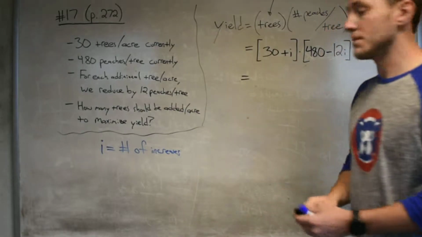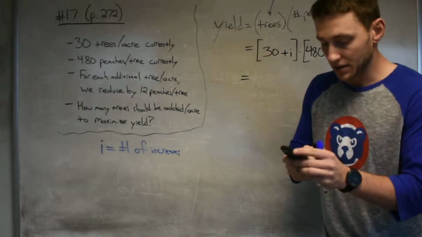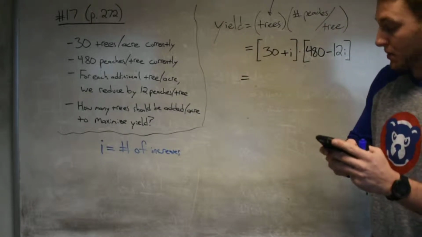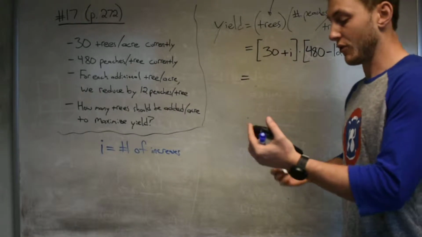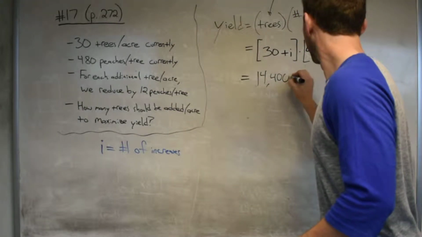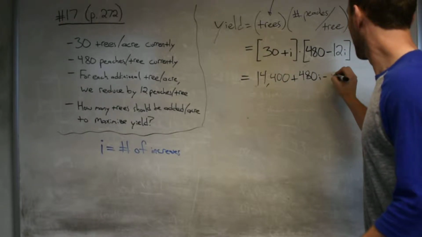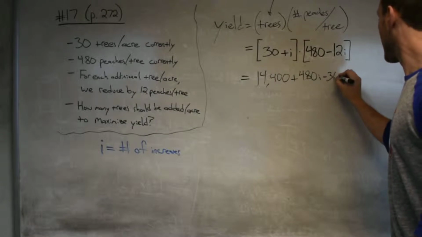One thing we can do is potentially simplify. So if I may whip out my Steve Jobs calculator, nothing scripted, this is exactly how I'd solve it. I guess we'd have that 30 times 480 is 14,400, plus 480i, minus 12 times 30 is 360i.